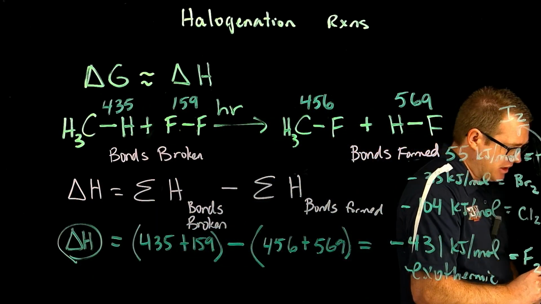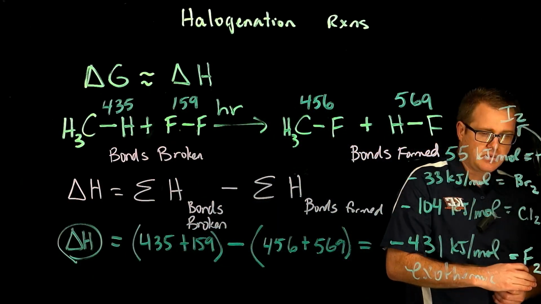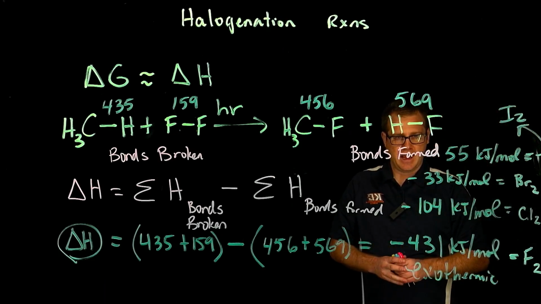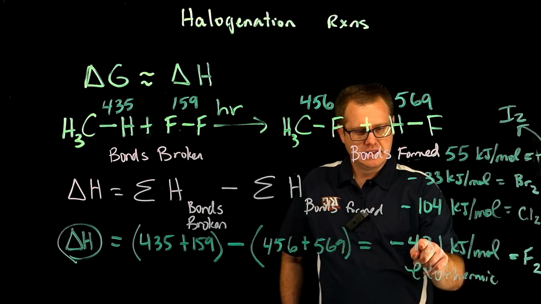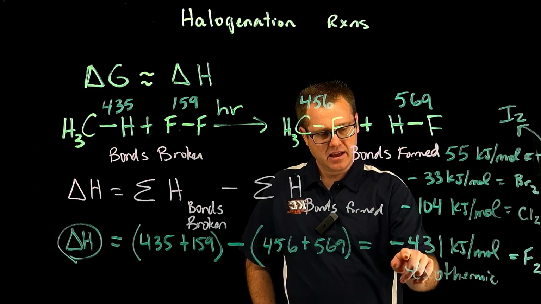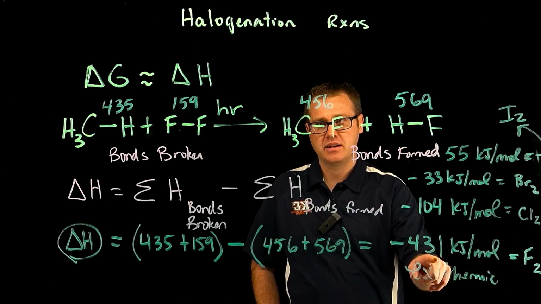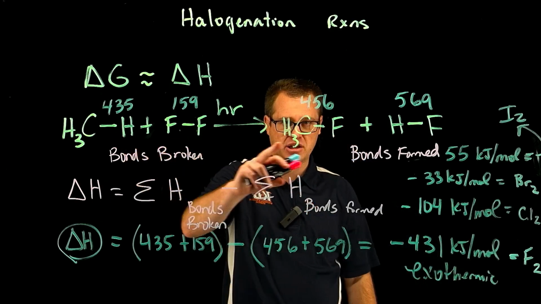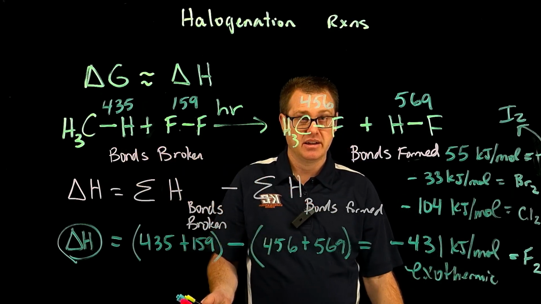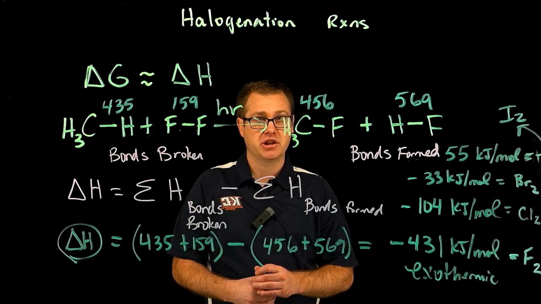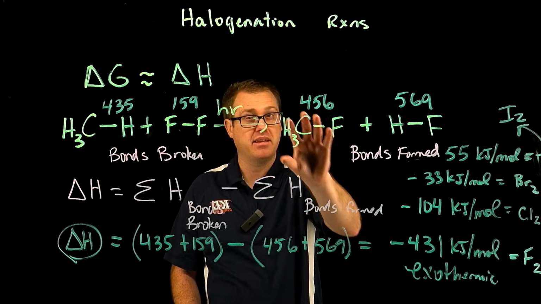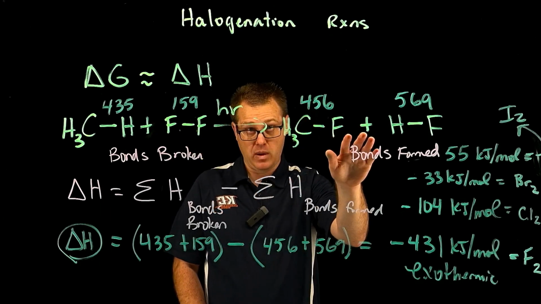So what I want to now do is take a look at fluorine once again. This is so exothermic that trying to do this reaction, it's dangerous. It's explosive. And because it's so explosive, it's just not practical to make this compound this way.